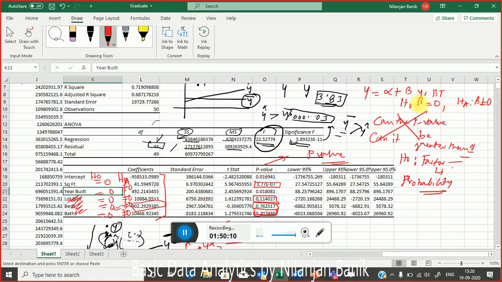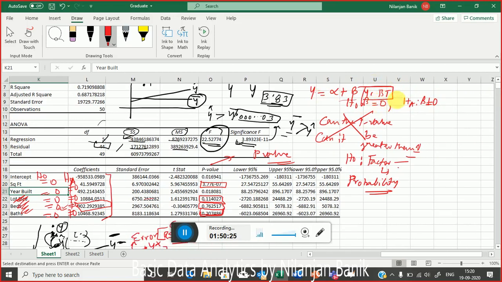If beta becomes 0, what does it mean? It means year built is not influencing. That means year built does not have any power to explain the variation in y. Because what is beta? Beta is saying that if year built increases by 1 unit, how much y is going to increase?